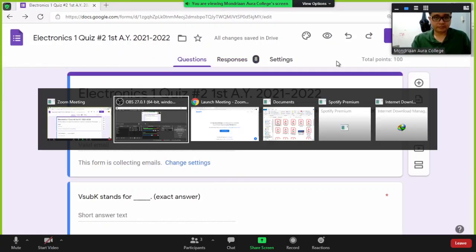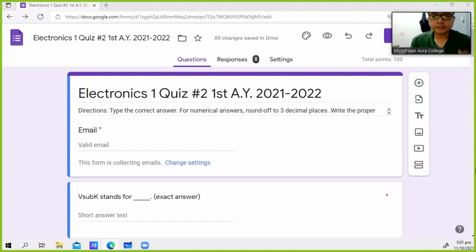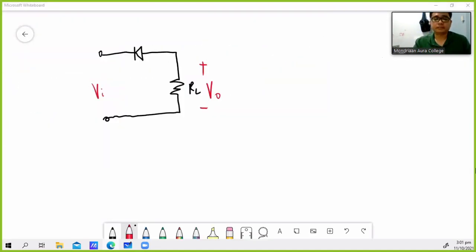Sasagutan natin, no? Tingnan muna natin iba.